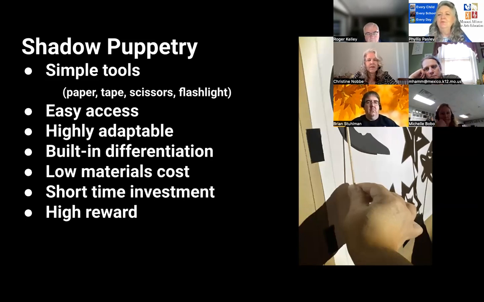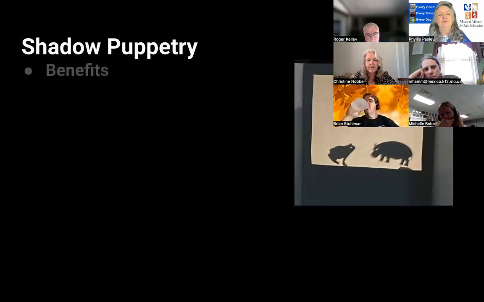I wanted to share with you, just even examining this image, I made this puppet, this great big moon here, and some of my colleagues made these more intricate star shapes. So it's built-in differentiation for kids who have varying fine motor skills in terms of their ability to draw or to cut, but it is powerful.